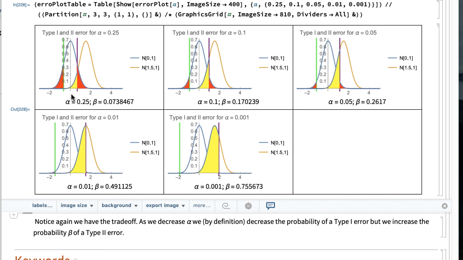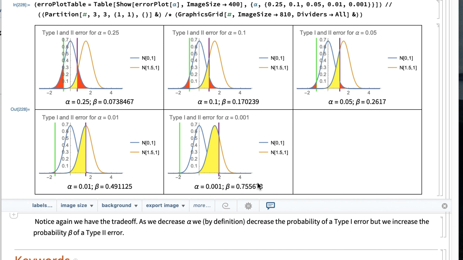You can see that as I decrease alpha and widen this area between the green and purple lines, I'm increasing beta, until by the time I insist on an alpha of 0.001, I really don't want a type 1 error, there is a significant probability of a type 2 error.